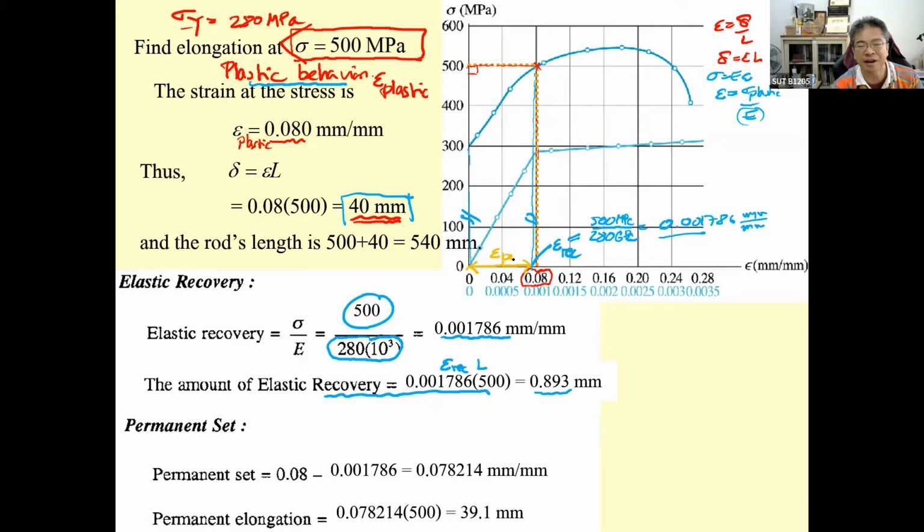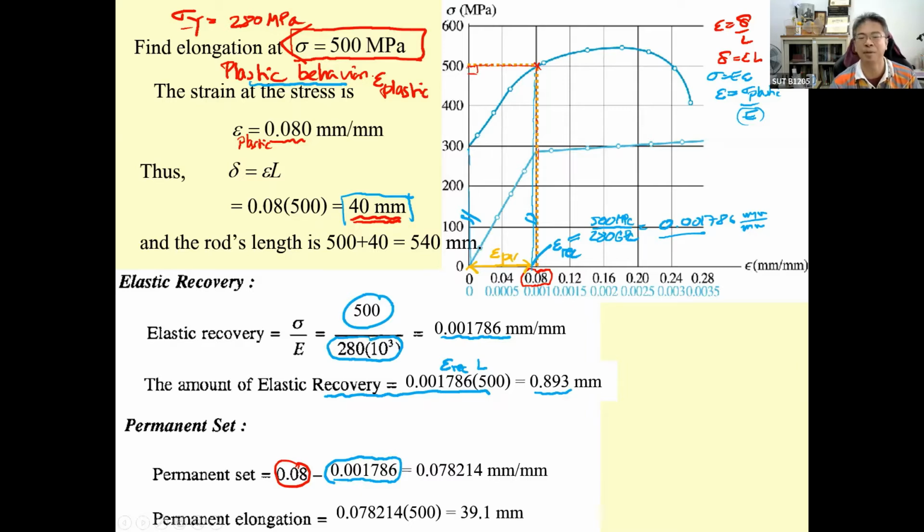The permanent strain is 0.008 minus the elastic recovery strain.